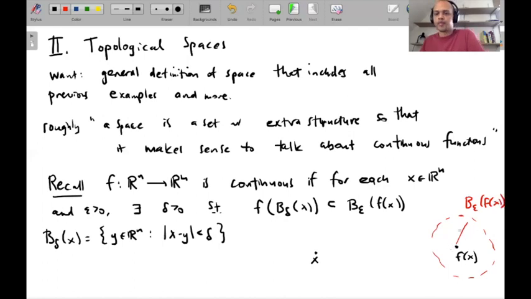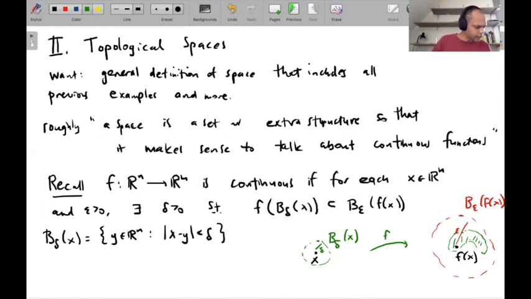And so here's the radius epsilon. And continuity means, given this input, we can find a sufficiently small ball around x, radius delta, B delta of x, so that under f, this ball maps into this ball. So whatever it looks like, it maps into the ball here. Okay.